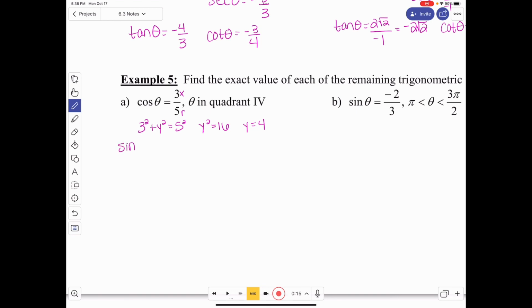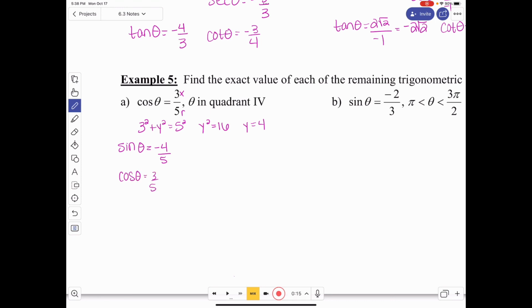So sine of theta is going to be y over r. So negative 4 over 5. Cosine, I already got that.